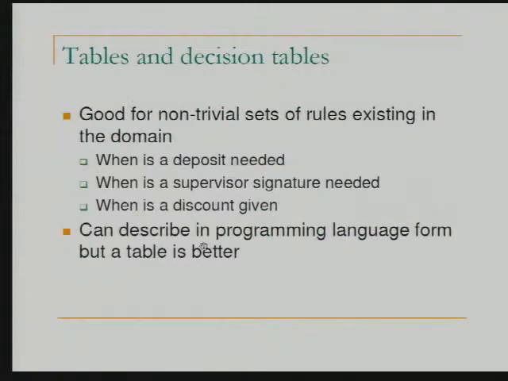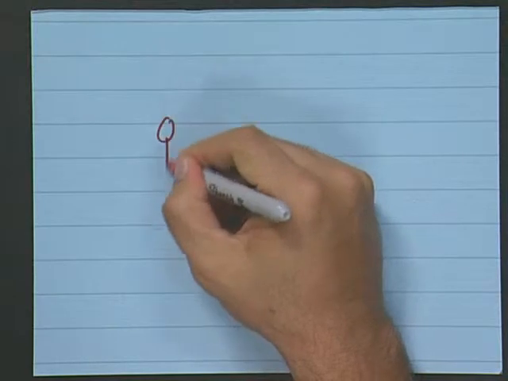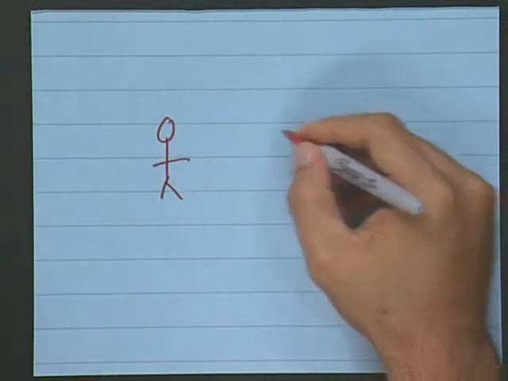Now, decision tables. If you've got a complex, non-trivial set of business rules in the domain you're trying to describe, things that have a lot of logic in them, users, humans are not good at logic.